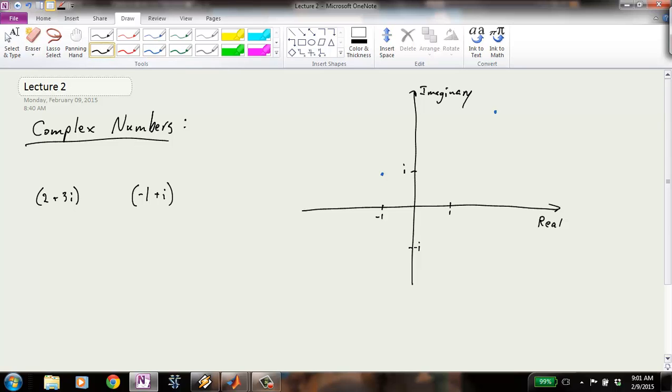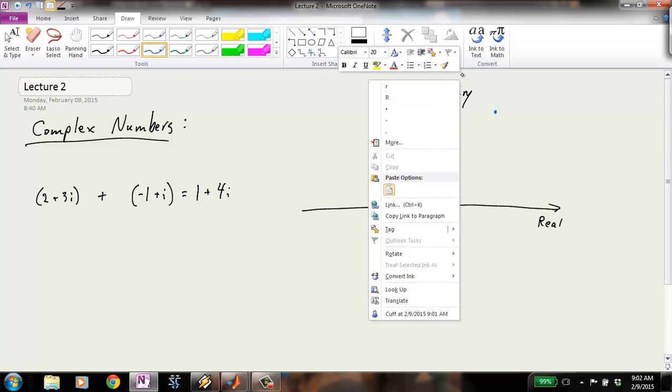Now we already saw, of course, summing them is just very natural. You just sum them like you sum any vectors, because the real parts add and the imaginary parts add. So we know that this is 1 plus 4i, which of course is going to be way up here. So this is the sum.